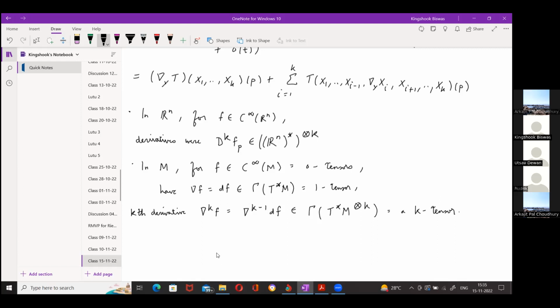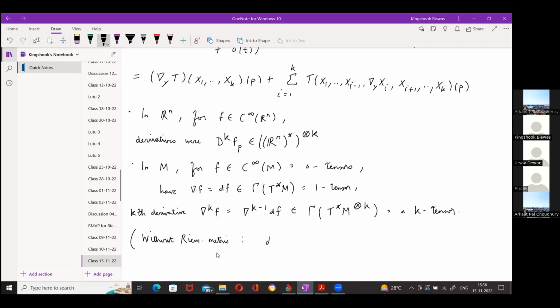But for this, you need a Riemannian metric. If you don't have a Riemannian metric, then the higher derivatives are going to become much more complicated objects. Without a Riemannian metric, what happens?